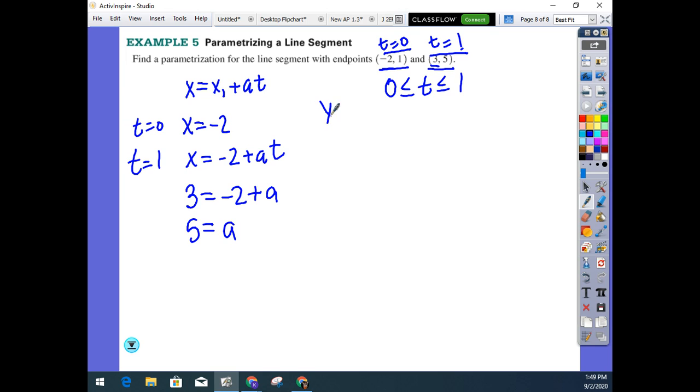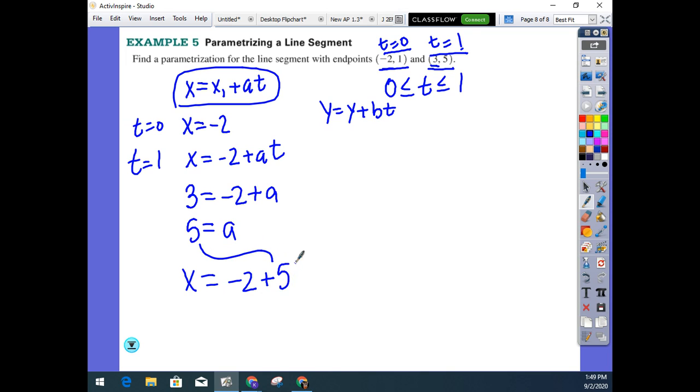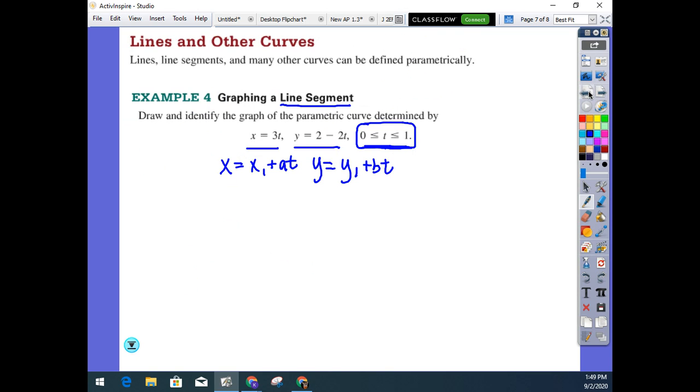Now let's use the y equals y1 plus bt to find our second equation. Oh, I'm going to go ahead and write my final. X equals negative 2 plus 5t. So if you compare that back here, that's like this equation here.